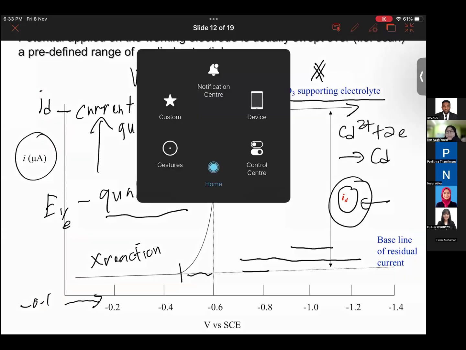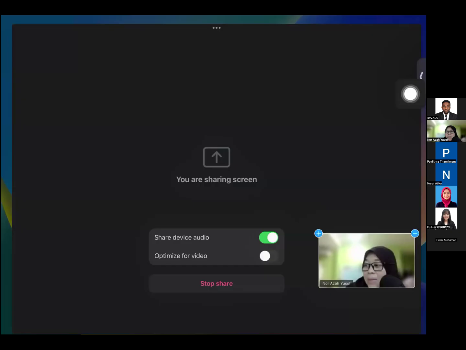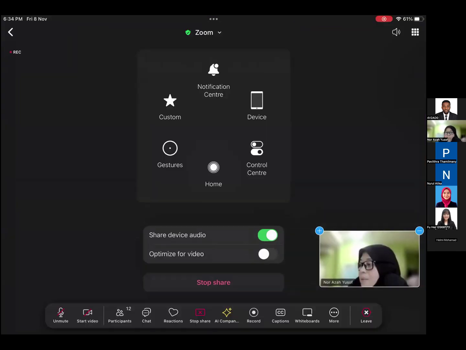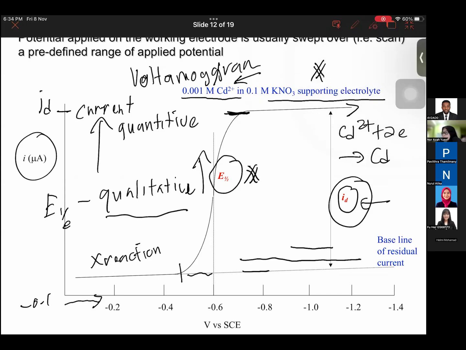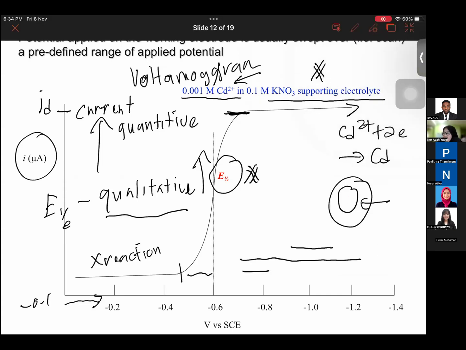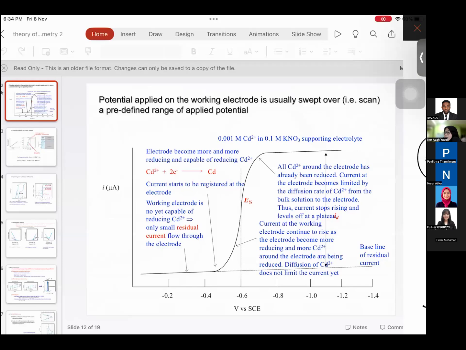What do you see now? Voltammograms picture, doctor, and the stop share, the sharing screen, right? Okay, let me unshare this one. Seems that it's very slow. Bear with me for a while. Stop share.